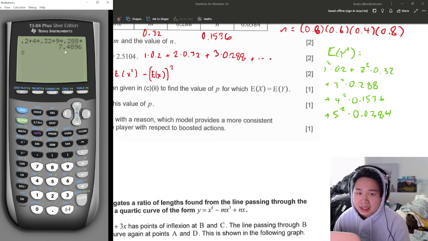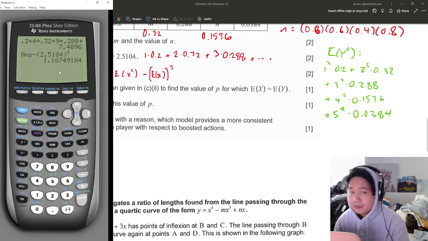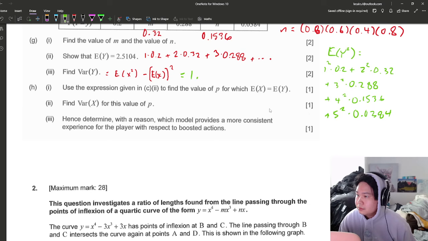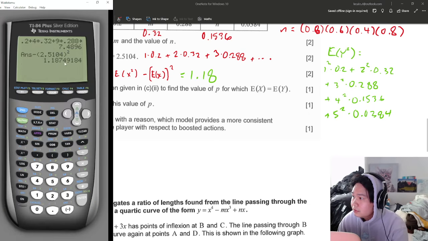Alright, so then this is E(Y squared), and from this we're going to subtract the expected value of Y squared. This right here is the expected value of Y, so 2.5104 squared. Okay, there you go. So this is the variance, 1.187.